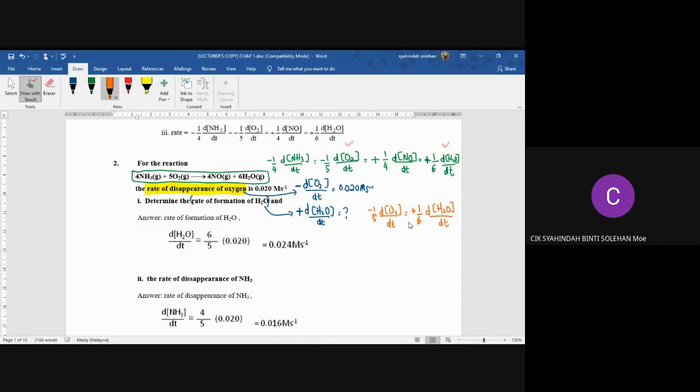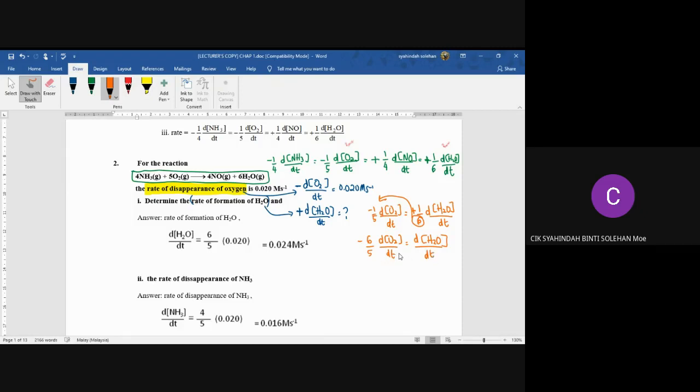Okay, sekarang ni kita nak jadikan positive the concentration of H2O over dt as a subject. So how? If you want to make it as a subject, you kena bawa lah 6 ni bawa ke sebelah. So bila dia bawa ke sebelah, so it's gonna be negative 6/5 the concentration of oxygen over dt equals to the concentration of H2O over dt.